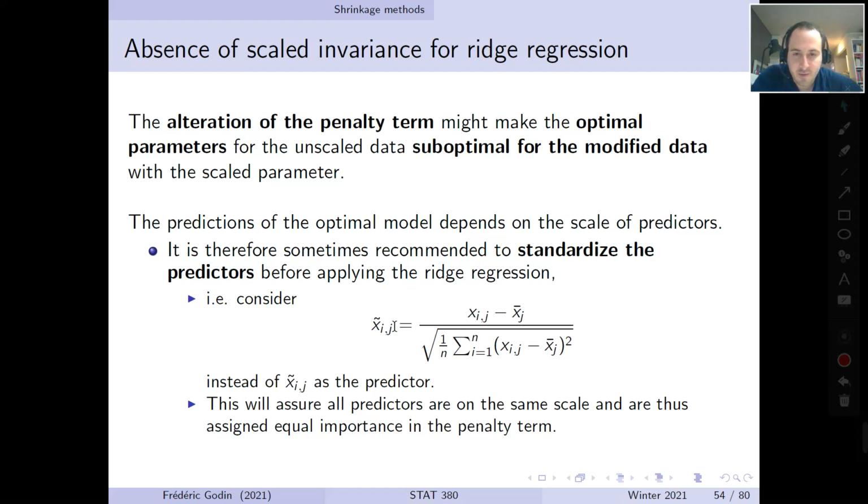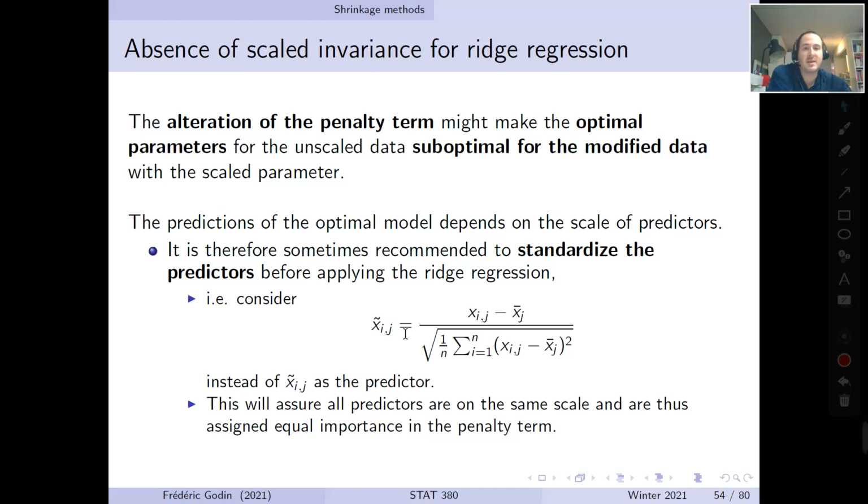So here you get new predictors x tilde ij, where their sample mean for each j would be exactly 0, and sample standard deviation for each j, when you take the deviation across i, would be exactly 1.